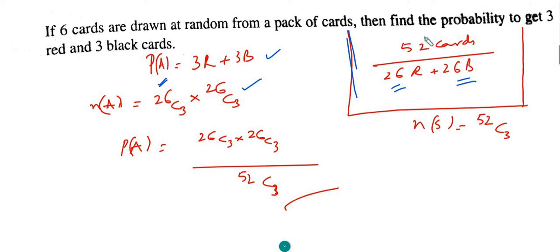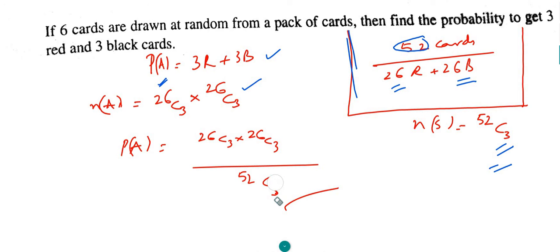What does the total sample space contain? There are 52 cards. How many ways can we draw cards? Oh sorry, this should be 6. Okay, one minute.